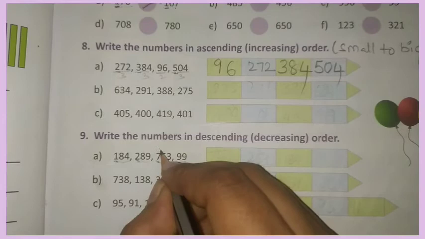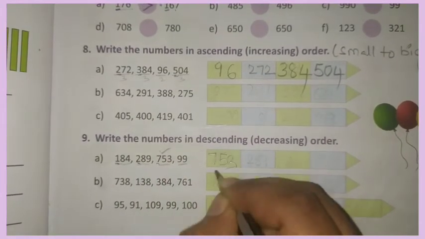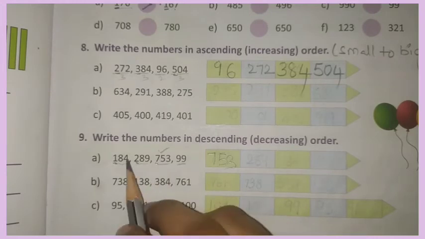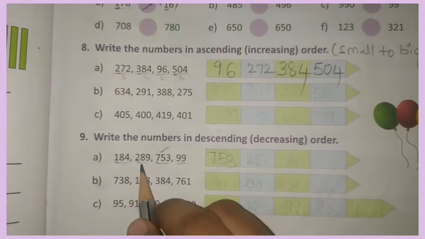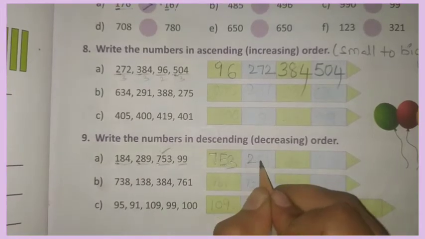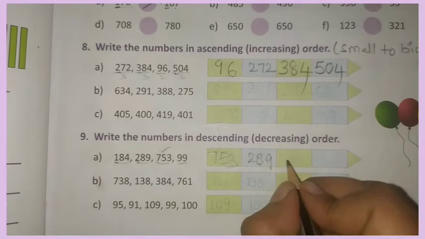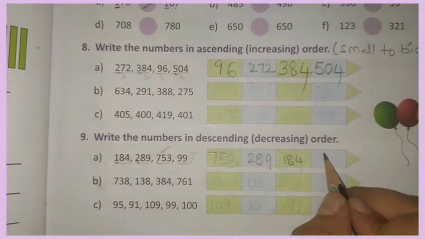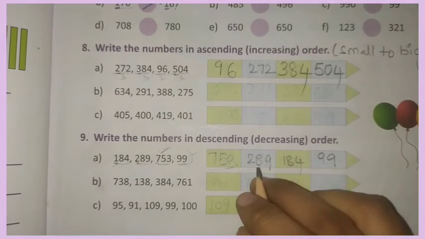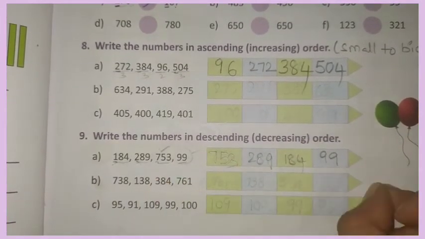Yes, 7 is the biggest, so we'll write first 753. Next, between 1 and 2, which one is bigger? 2, so we'll write 289. Then after that 184. Then which one remained? 99. So we'll write 99 here. Like this you have to arrange from big to small.